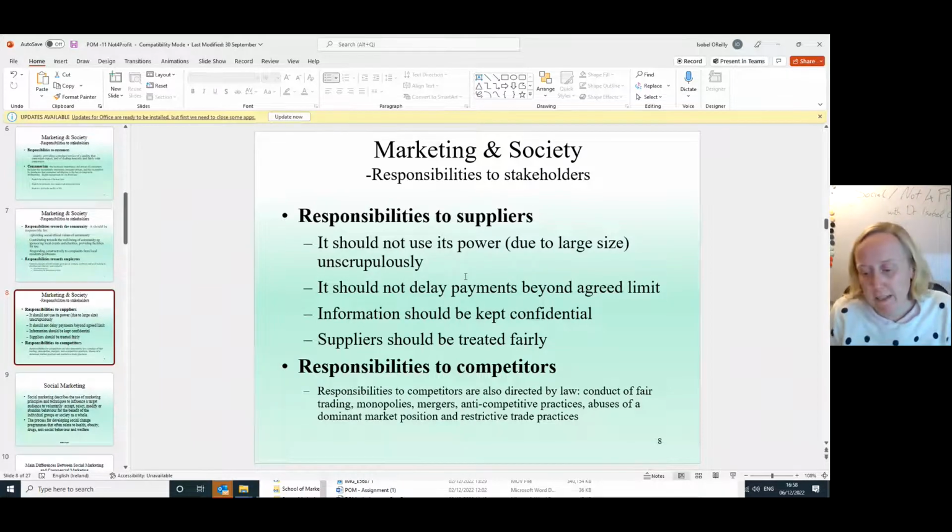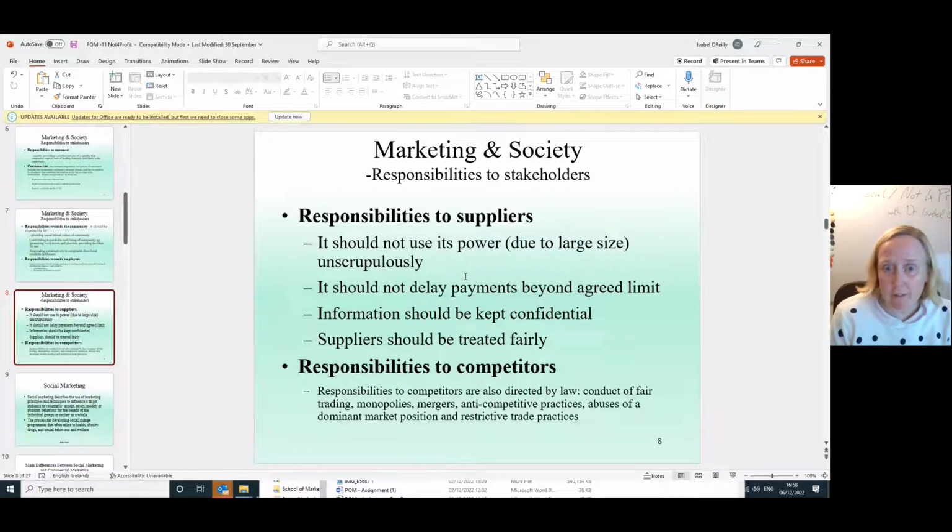Trying to get double the normal credit agreement that would be an industry standard. Information should be kept confidential, so not passing on information to other customers and so on. Suppliers should be treated fairly, so just follow the law and follow common decency.